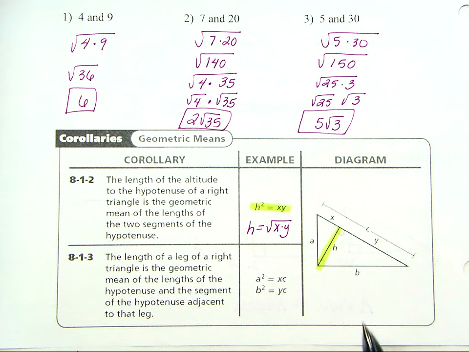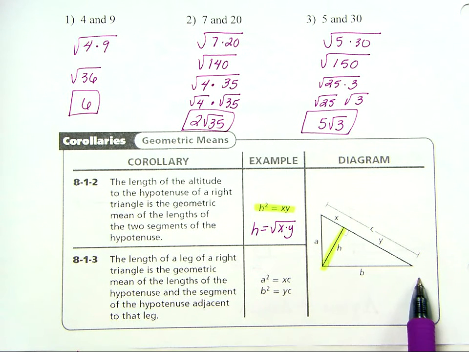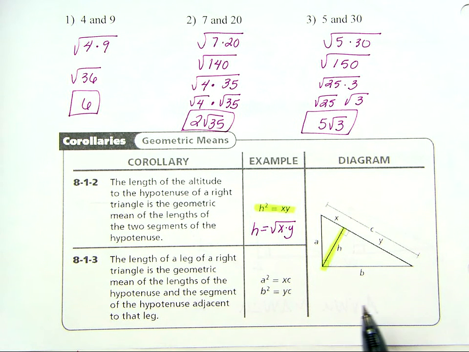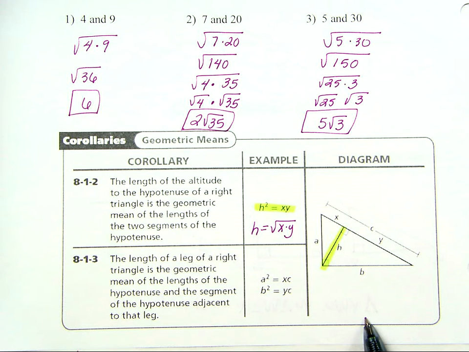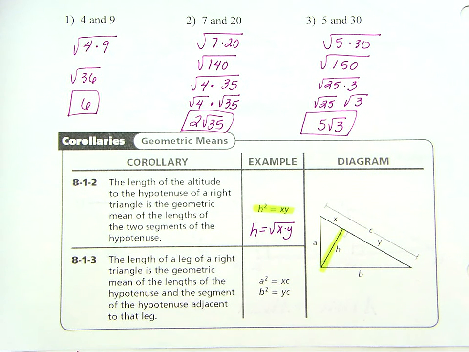And likewise, there are some similar corollaries that are true for the side lengths of that large right triangle. I'm not going to make you memorize the corollaries, and I'm not going to spend a lot of time focusing on them, but I just wanted to introduce to you the topic of geometric mean and also review some simplifying radicals.